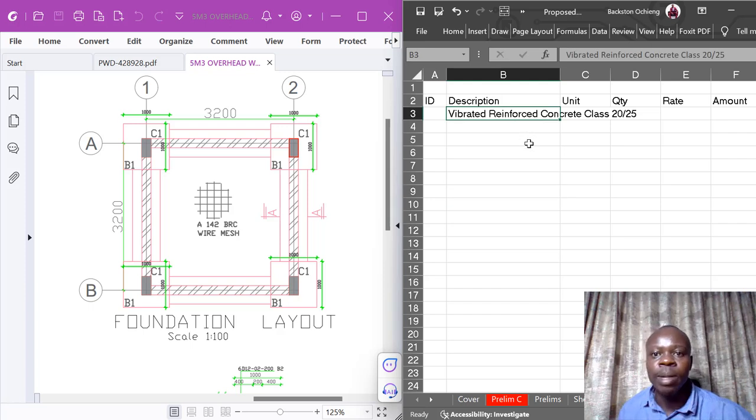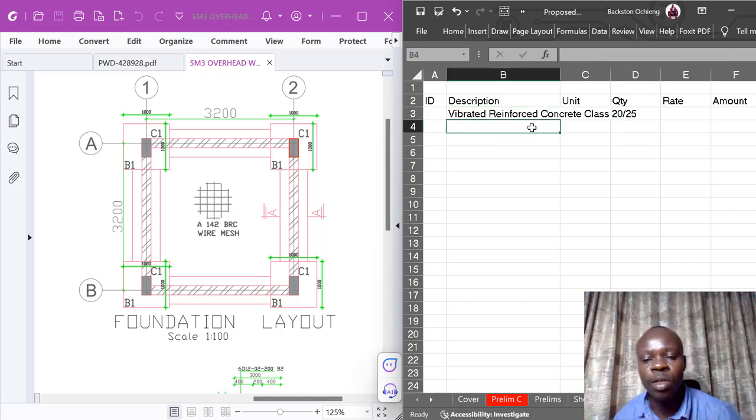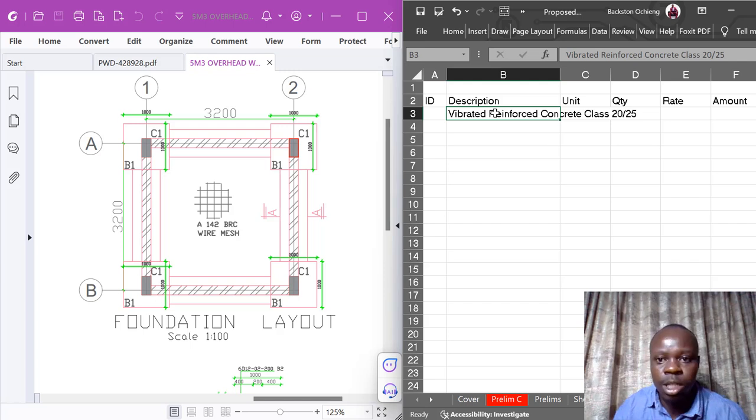Yes, so vibrated reinforced concrete, that is a part of the description of the concrete, which means the vibration which you do to the wet concrete, just to make sure that you are getting the maximum strength as per the design or as per the specification. Of course, class 20 is part of what we are dealing with in terms of the specification of the class that we've been given. Okay, so this being the description, we leave it there.